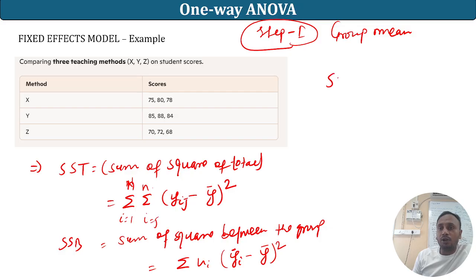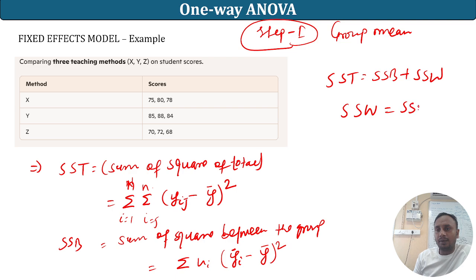Then we know SST is equal to SSB plus SSW, so we'll calculate SSW. It will become SST minus SSB.